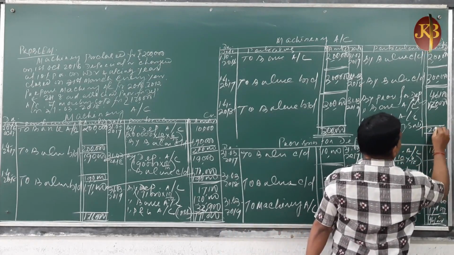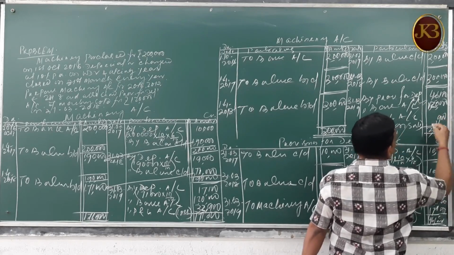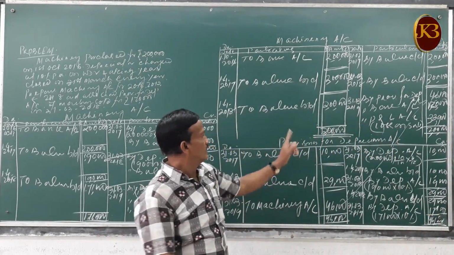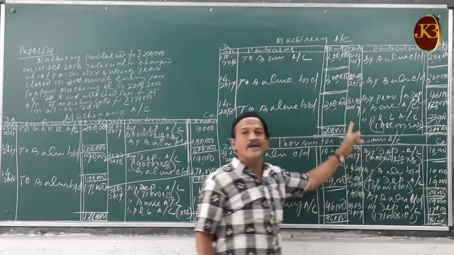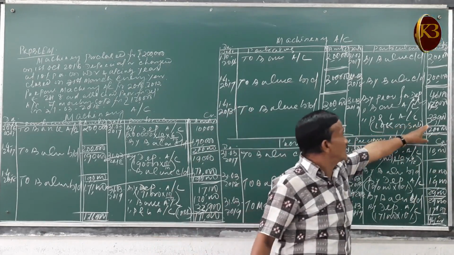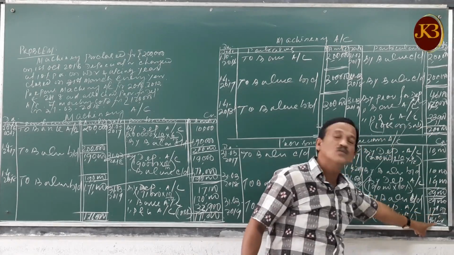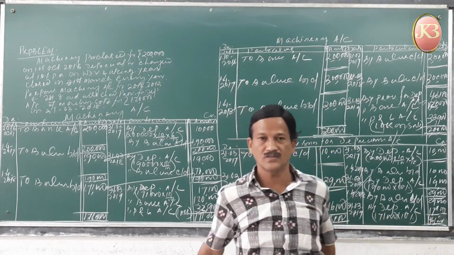This will be 2 lakh. So the difference will be 33,900. This is the loss calculated as per the written down value method. We have shown loss 33,900, depreciation 46,100, provision for depreciation under written down value method.